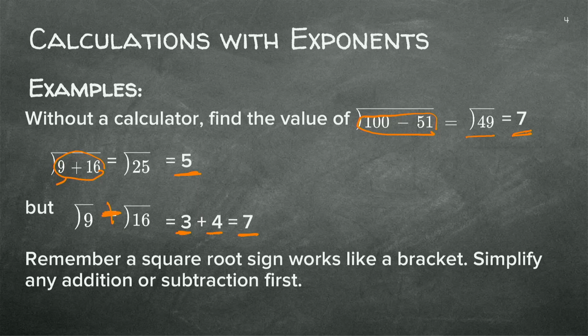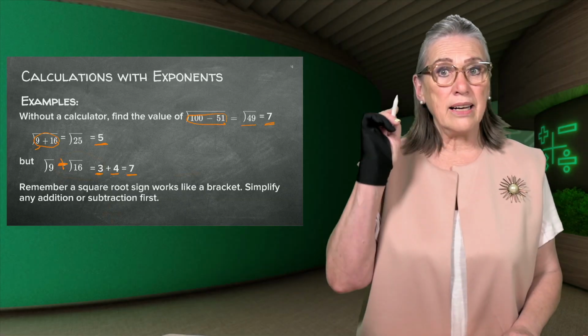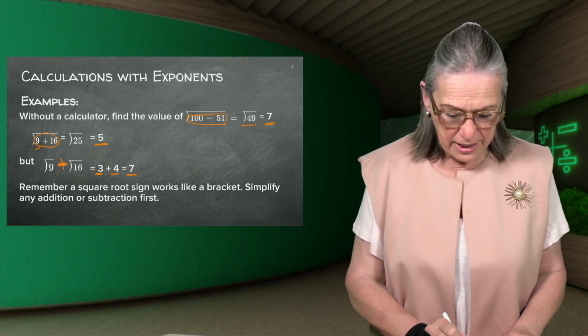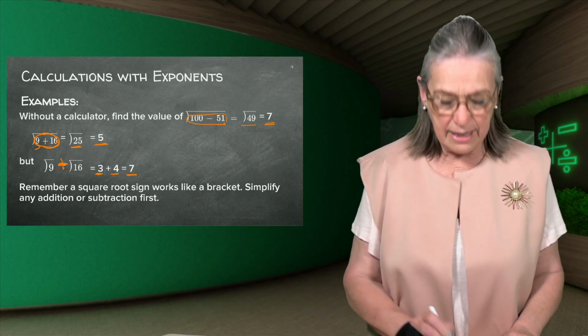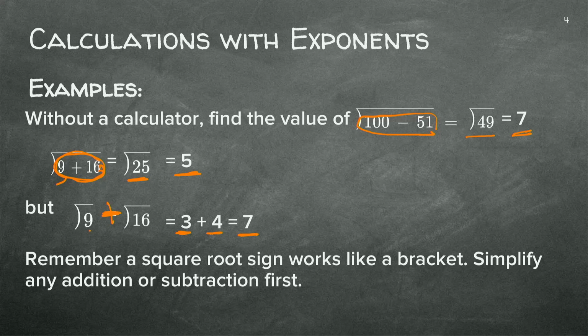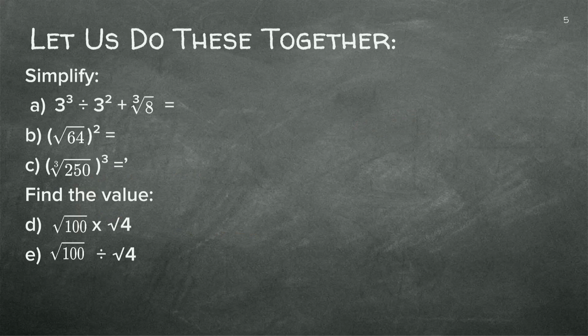Can you see the difference? Remember the order of operations, and a square root is like a bracket. So if this is 9 plus 16, we're going to add this up first and then do it. But if it's separate, we're going to do it like this. Cool.